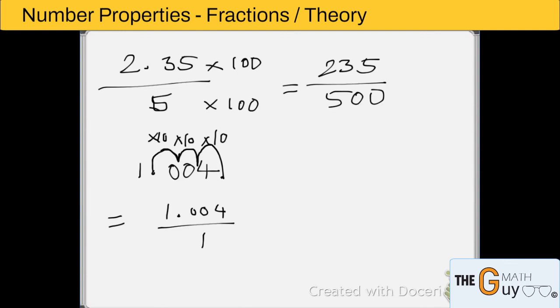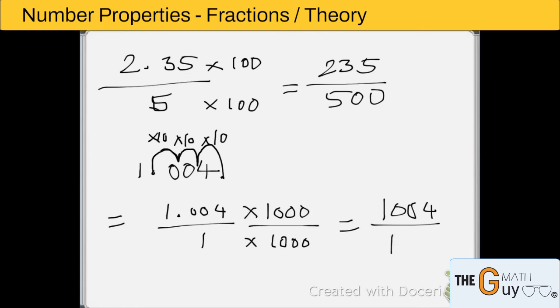But I can't just randomly multiply by 10 because the number is changing. To compensate, we multiply both the numerator and the denominator, so effectively we are multiplying by 1. What we get is 1004 over 1000. Now you can simplify this. This can become 502 over 500, or 251 over 250, and that's your fraction. And then you can continue solving from this.